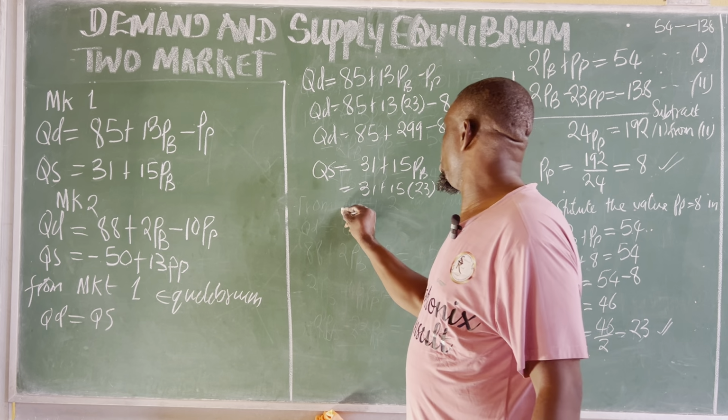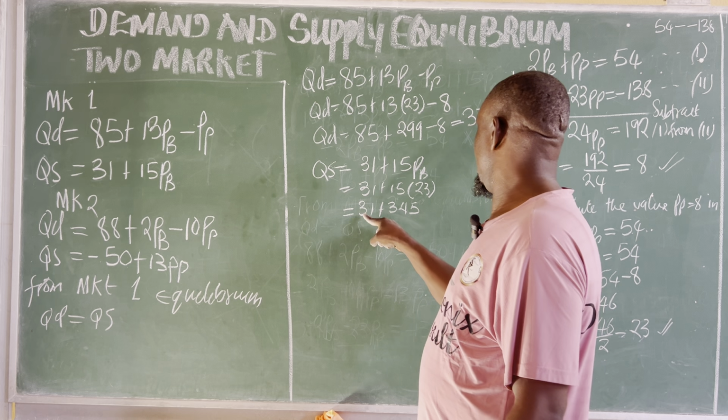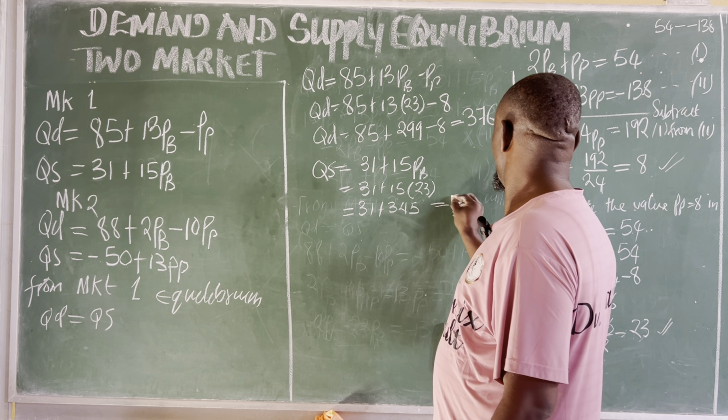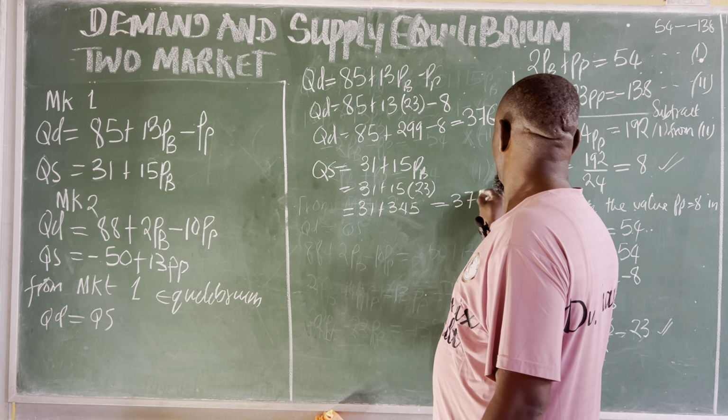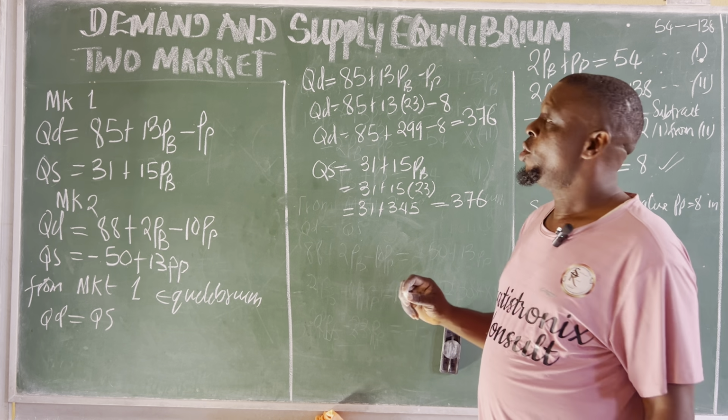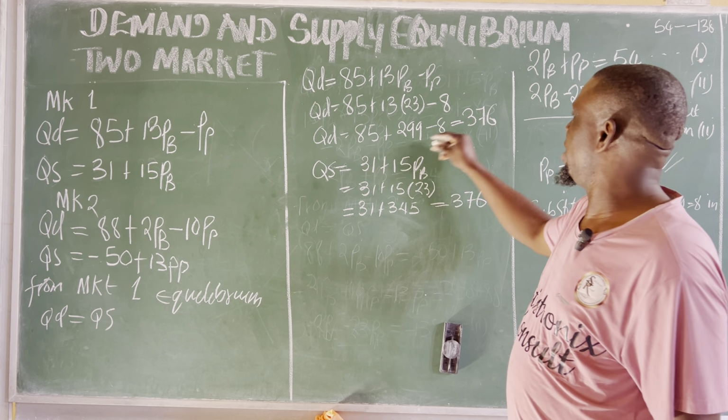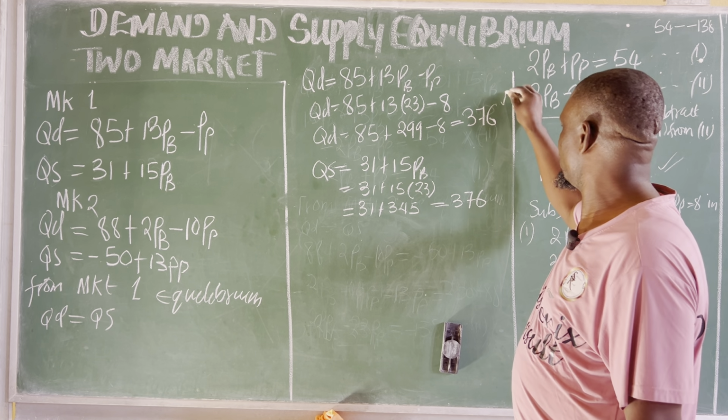So this will be 31 plus 15 times 23, which is 345. If you add this, it's going to give you 376. Okay? So you can see that the equilibrium quantity demanded in the first market is 376, and the equilibrium quantity supplied in the first market is also 376.